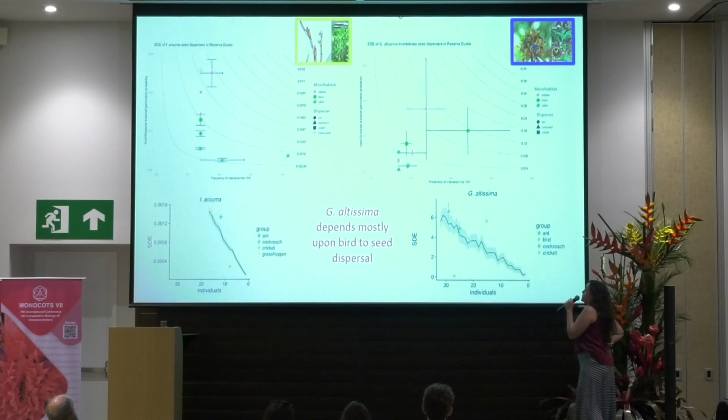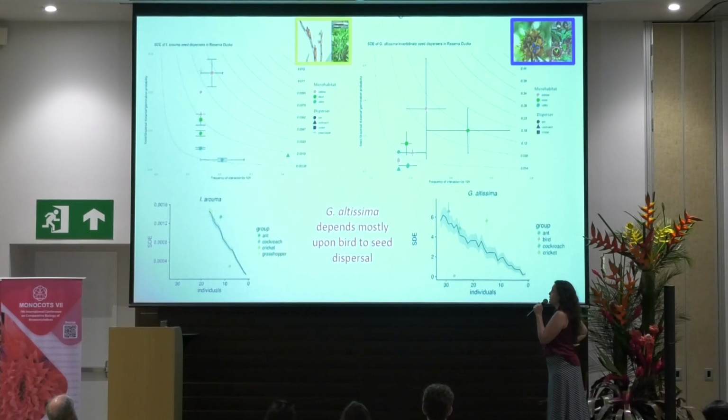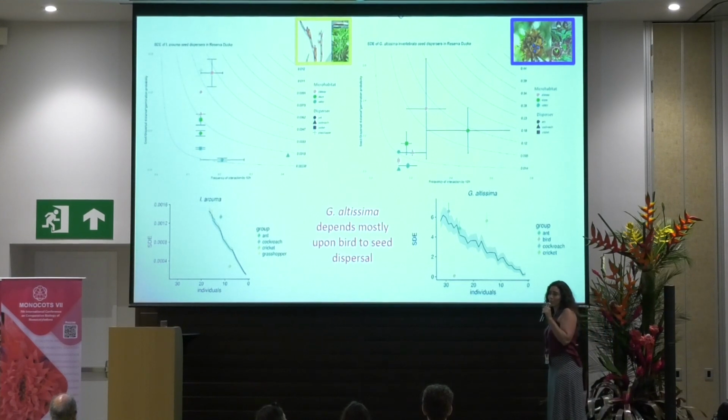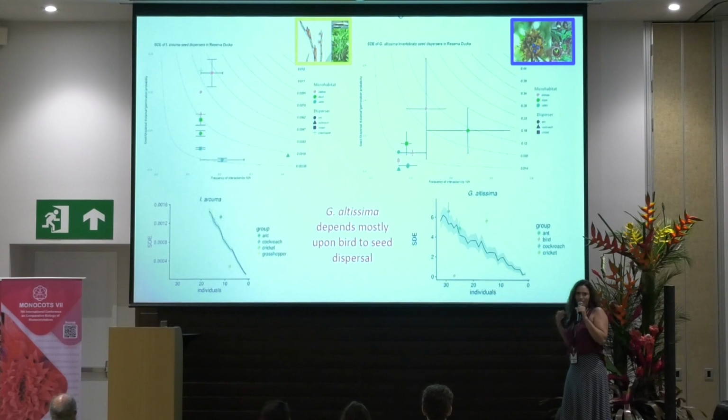So for the big seeds, it's a little bit trickier. Actually, for the Ischnosiphon, we almost didn't have encounters with the invertebrates, and with vertebrates, we didn't see anything. So we still don't know the seed dispersers of it. There is a smell in the fruit that seems to attract mammals, but we didn't capture anything in the camera trap.